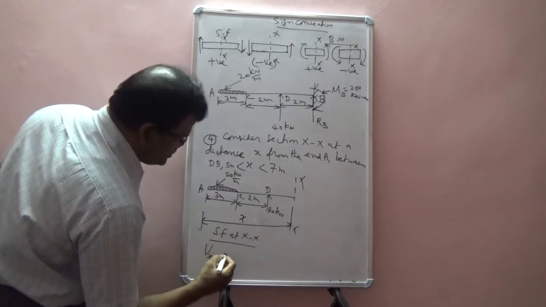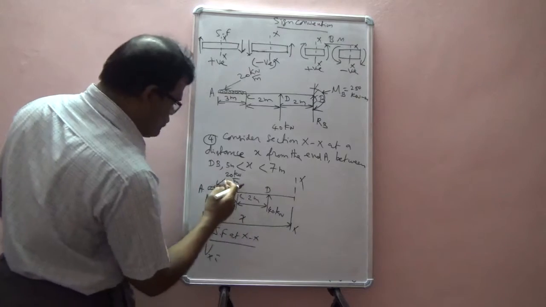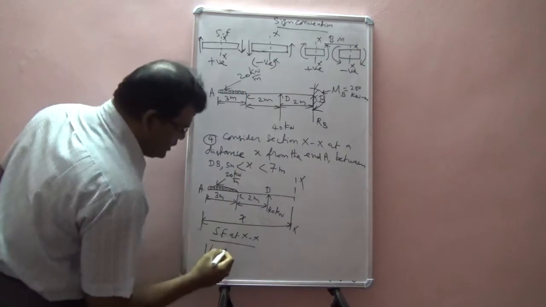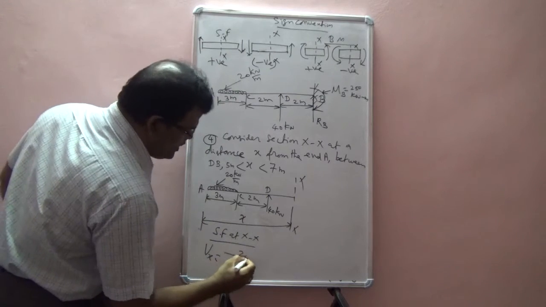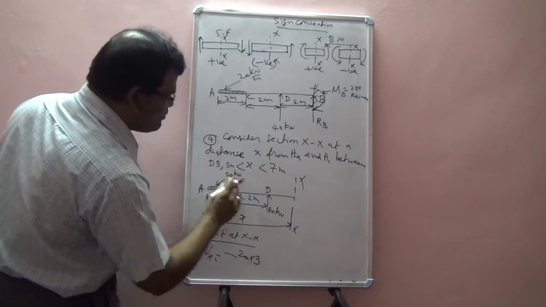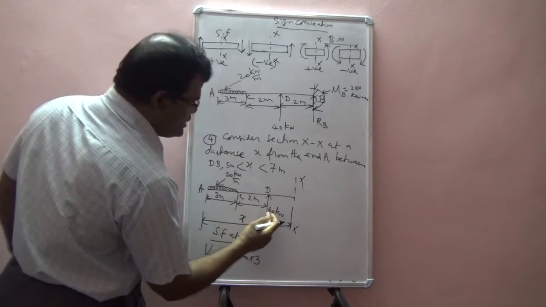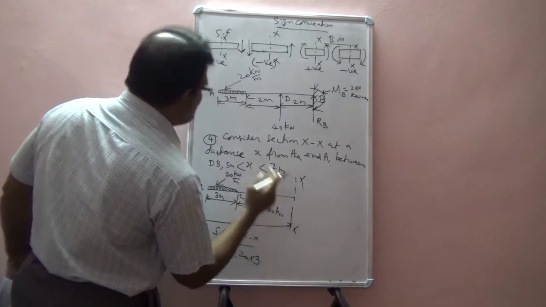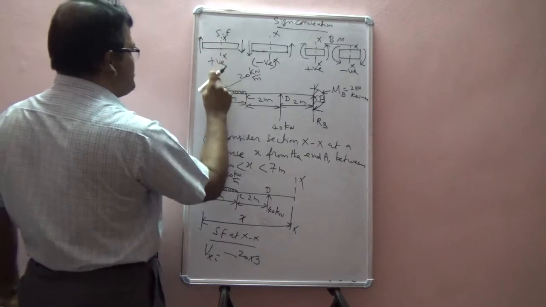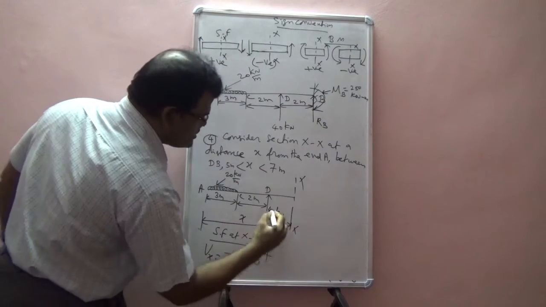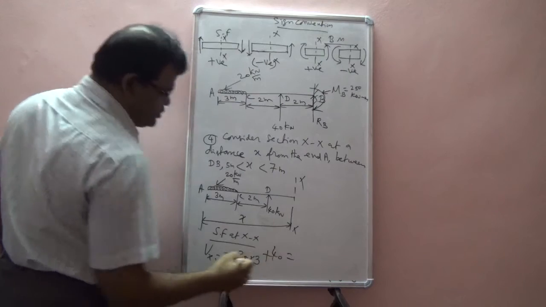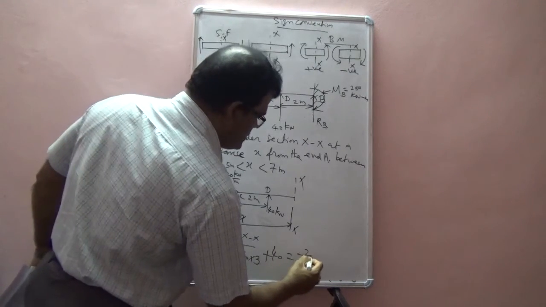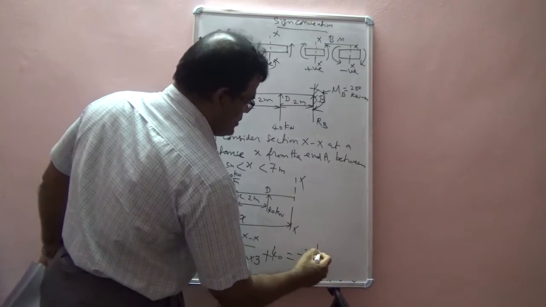The left side force acting downward is negative, therefore minus 20 multiplied by 3, the total magnitude of this load. Then this force is acting vertically upward, and a left side force acting upward is positive, therefore plus 40. So this will be equal to minus 60 plus 40, so minus 20 kilonewton.